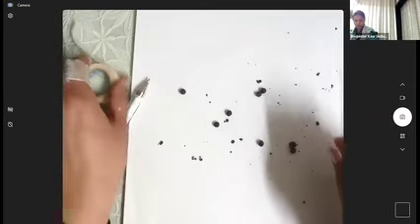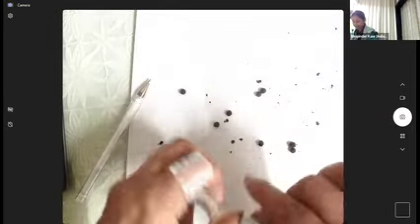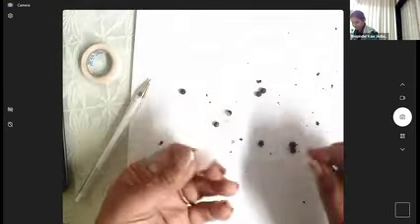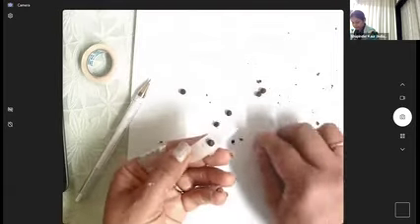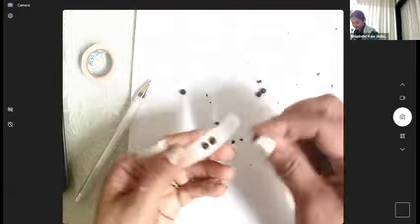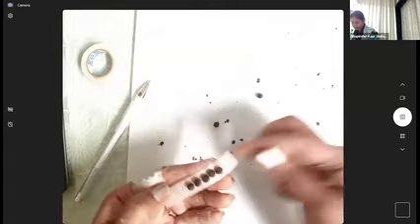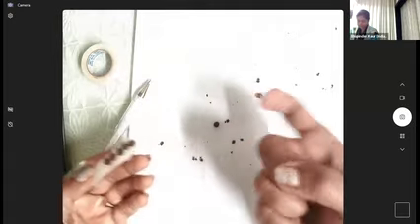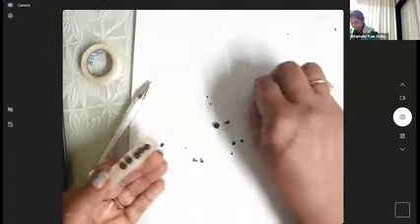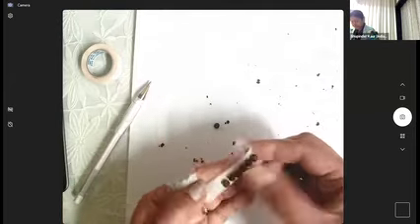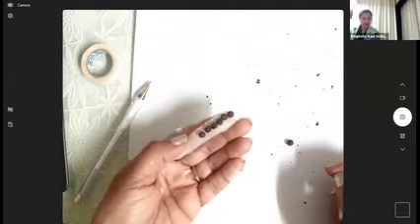So now I'm doing it for coccyx pain. A line of at least five, six seeds to make that hook. So my chain is ready.